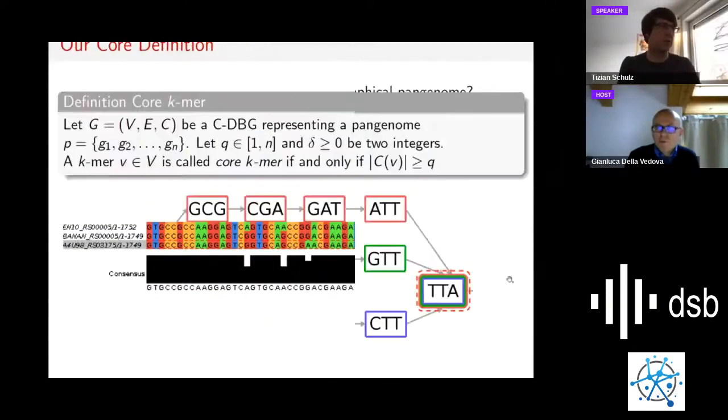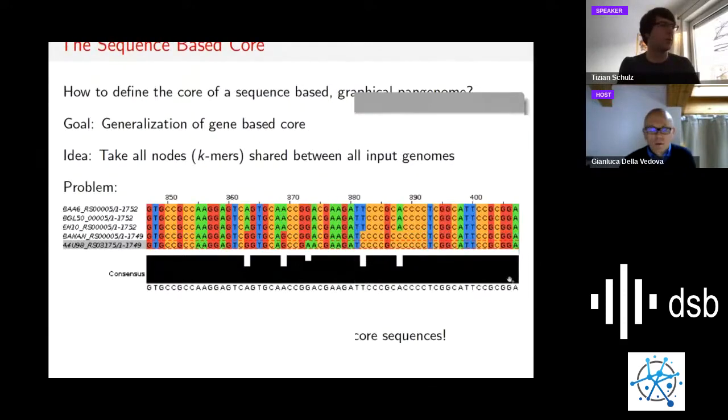Well, for example, the consensus is entirely black for me. I don't know what it is. There are some bars which are black, but below there should be... Okay, no, that's fine, but I can also see a gray box where you have the graphical pangenome question mark.